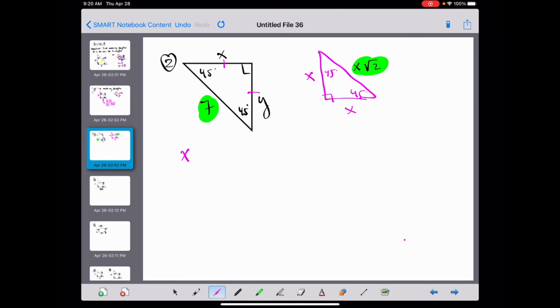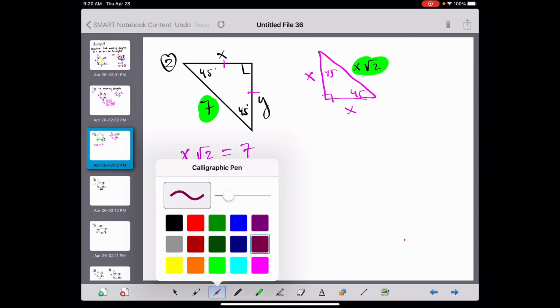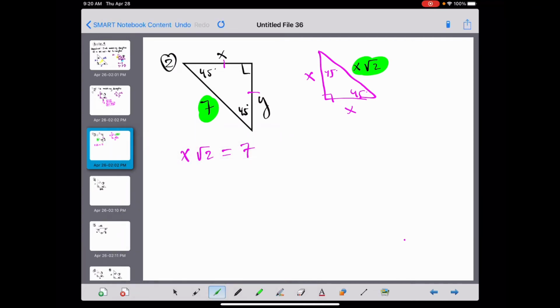Okay, so it's going to be x square root of 2 equals 7. Then to have x by itself, we're going to divide both sides by square root of 2. Then we have x equals 7 over square root of 2. But in math, we cannot have a square root at the bottom, so we have to multiply square root of 2 top and bottom to get rid of the radical.